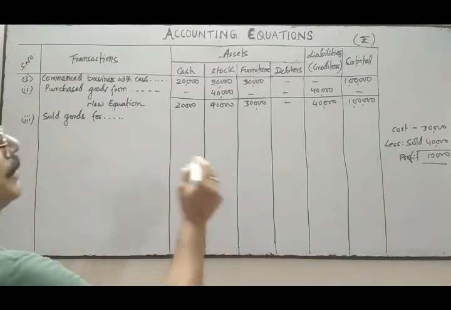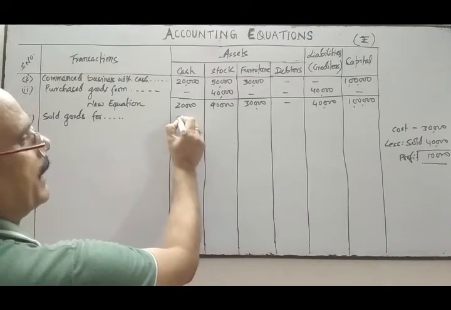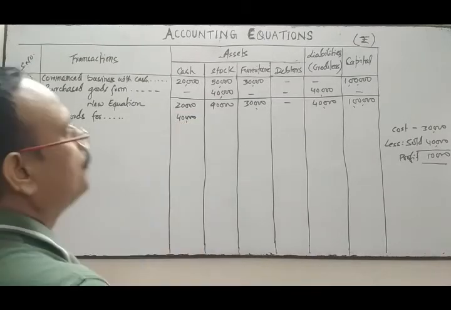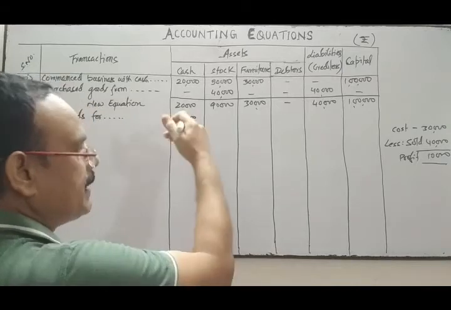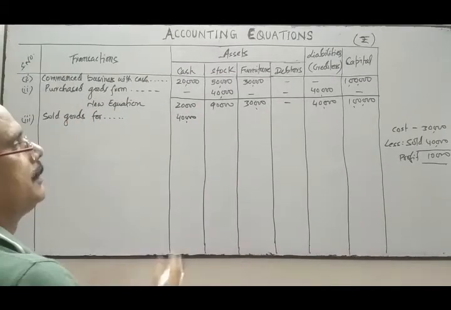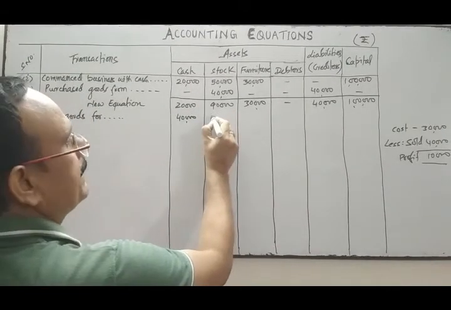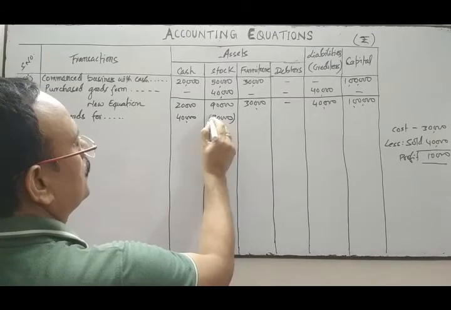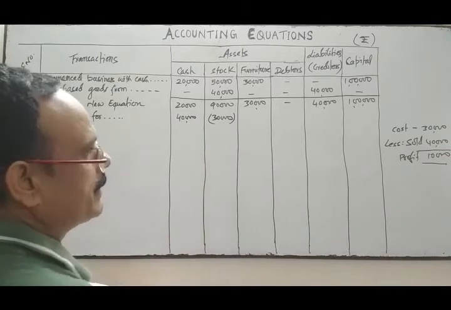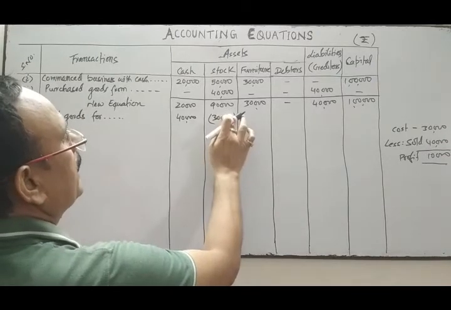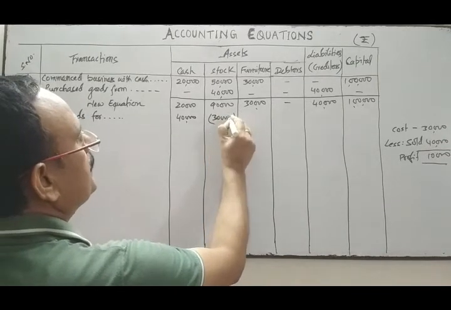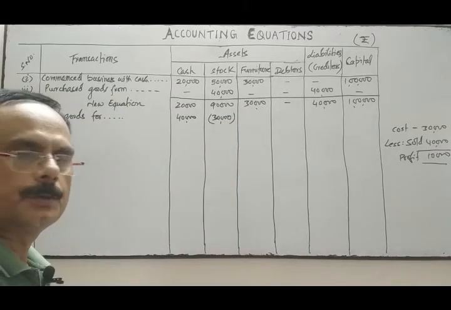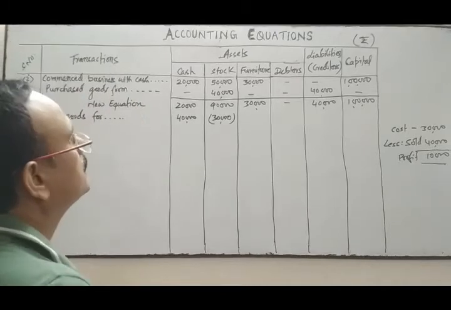So goods sold for cash, so 40,000 will be in the cash column because cash balance will increase. Stock will decrease by the amount of cost of goods sold, 30,000, because goods go out from the business.